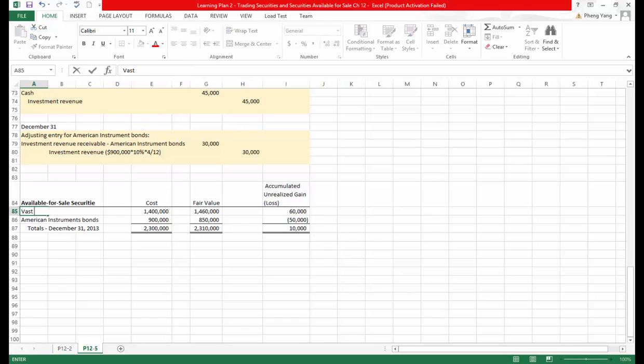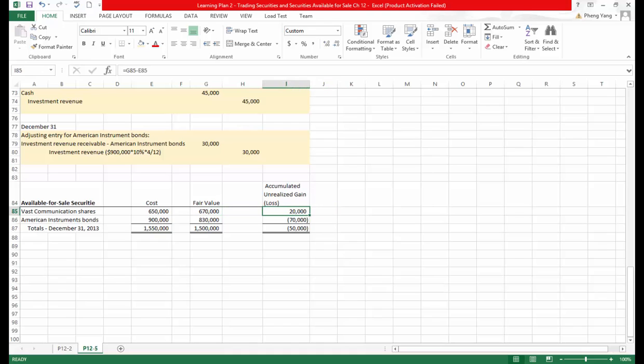We've got the Vast Communications Shares, and we've got American Instrument Bonds. Fair value states in the book that Vast Communications is 670,000, and it's 830,000 for American Instrument Bonds.